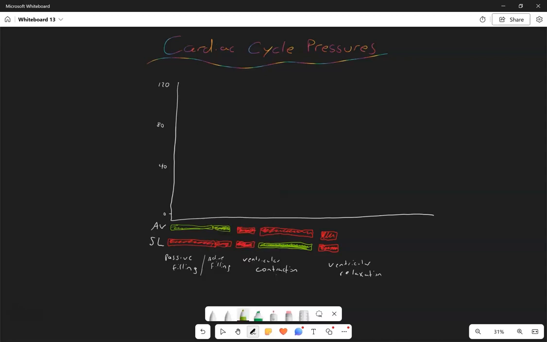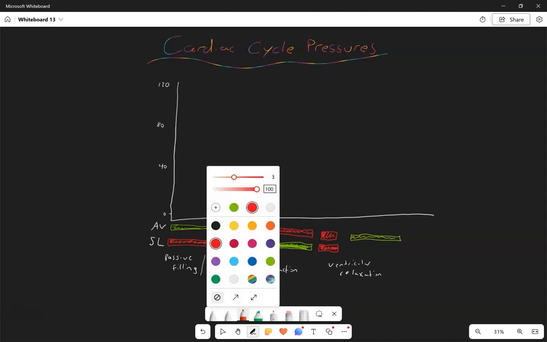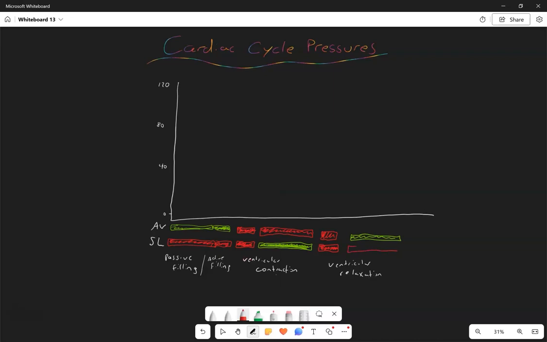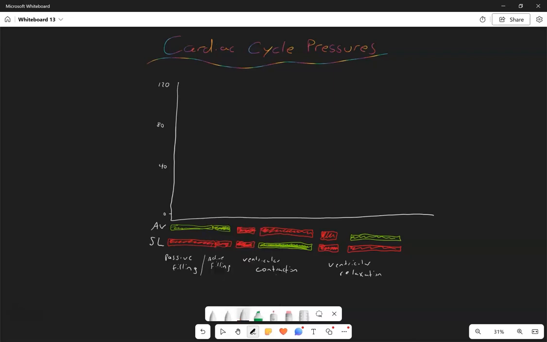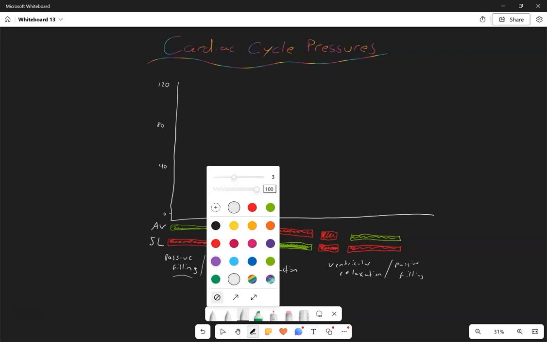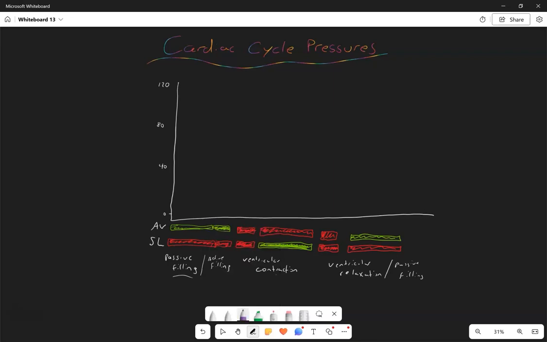Then the pressure creates a vacuum to pop those AV valves back open while the SL valves remain closed. And so you enter, look here, back at the beginning: we're back at passive filling, like so.